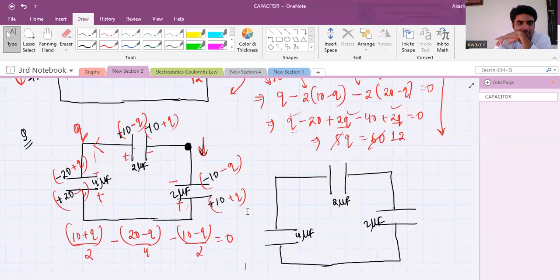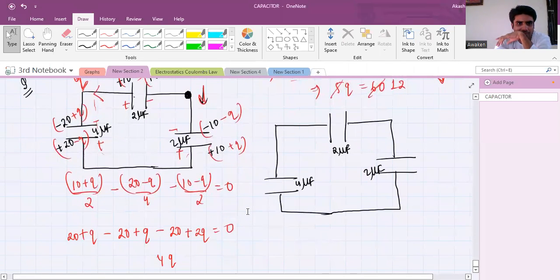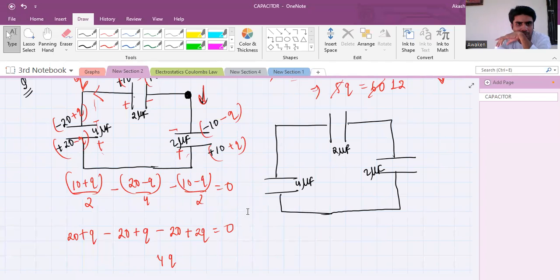Sarah, are you getting any calculation mistake? No, I think I only made a mistake. Minus 20 plus Q. Minus 20 should come 4 because 4 is fitting there. 14 by 2 is 7. 7 minus 16 plus 10.